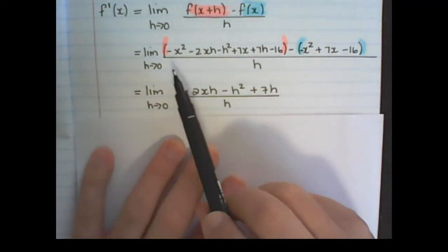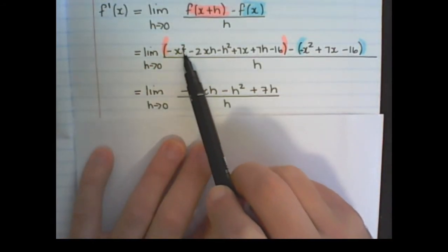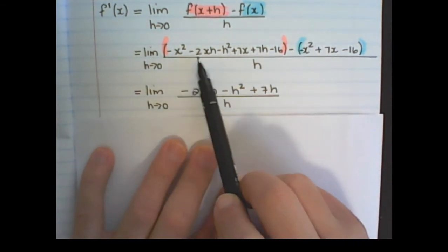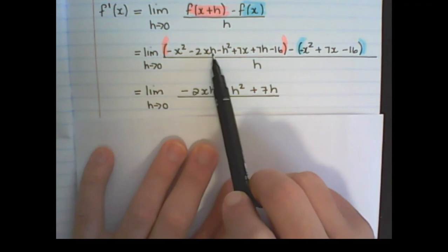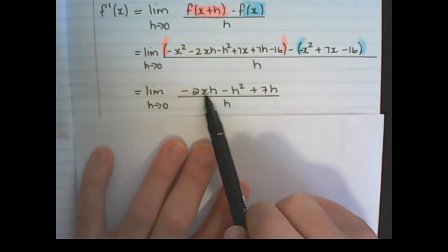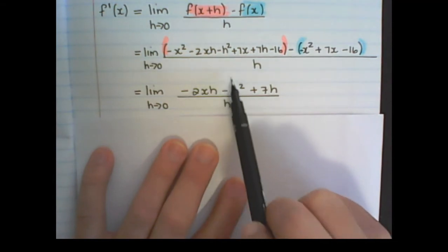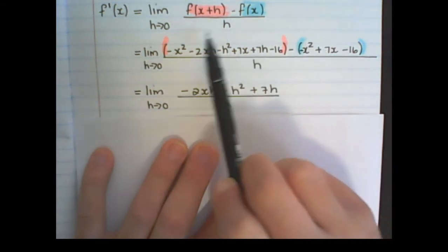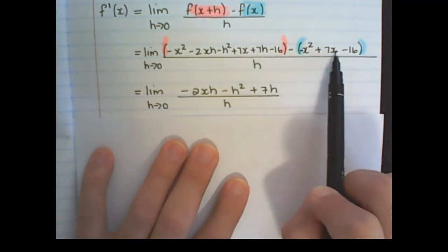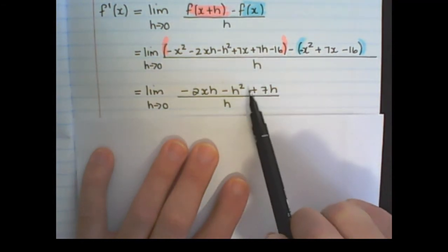Now we can simplify. Negative x squared plus x squared would be 0. Negative 2xh, there's no other xh's, so I just bring that down. And I bring down negative h squared because there are no like terms. Plus 7x minus 7x becomes 0, so it falls away.